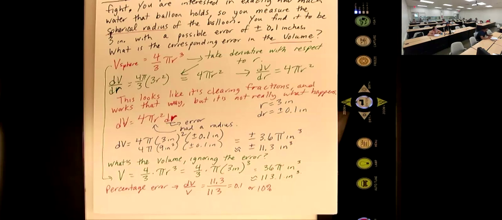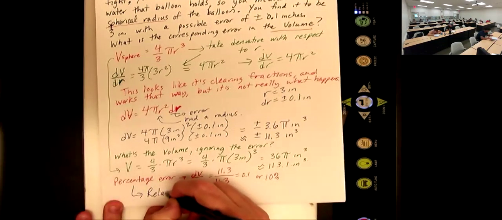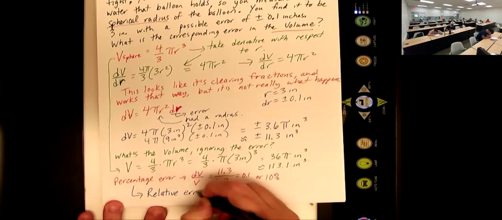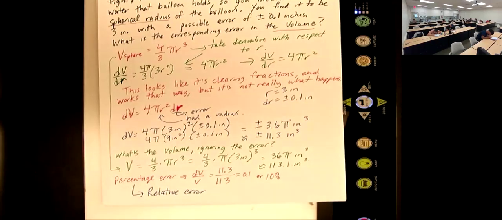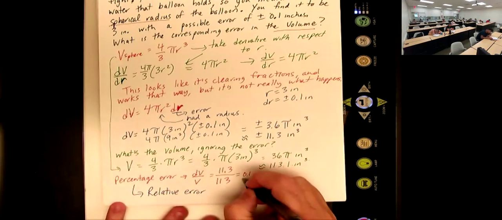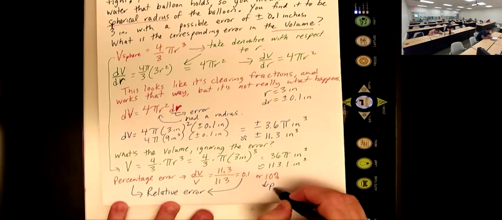This is called the relative error. When we calculate the percentage error, this is called the relative error. Well, maybe the 0.1 is more of the relative error, and when we write it as a percentage, we'll call it the percentage error.